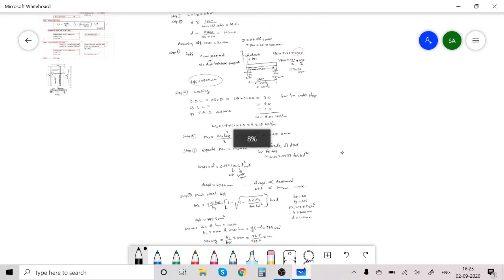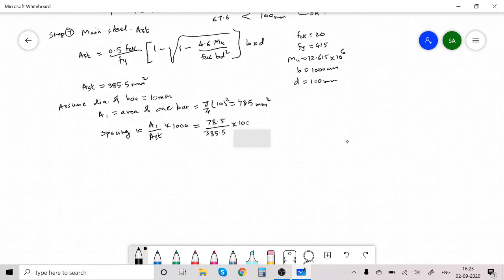So here after calculation I will get the spacing as 203.6 mm. Always round it to the lower side, 200 mm center to center. This is the spacing.